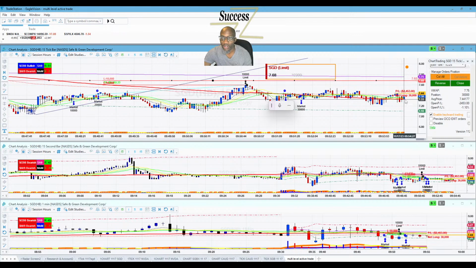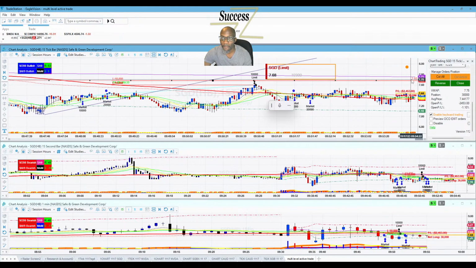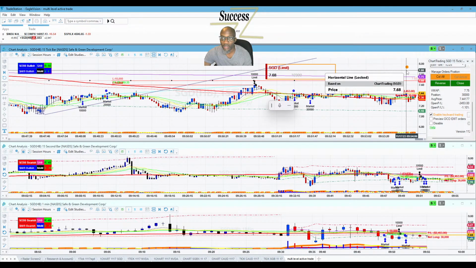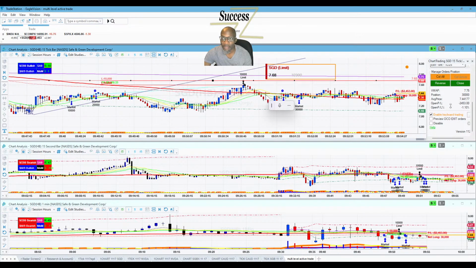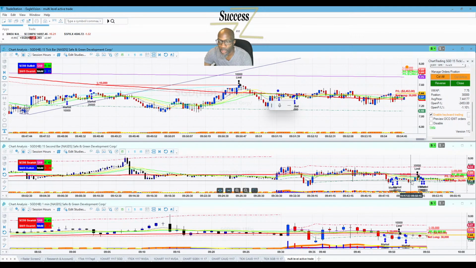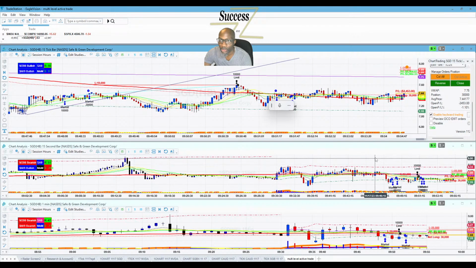Oh, it's trying to do a horizontal line. I'm trying to click on this and drag the order up. I'll just do cancel all. Yeah, it almost looks like it's kind of going into consolidation before it decides to continue on a move up.